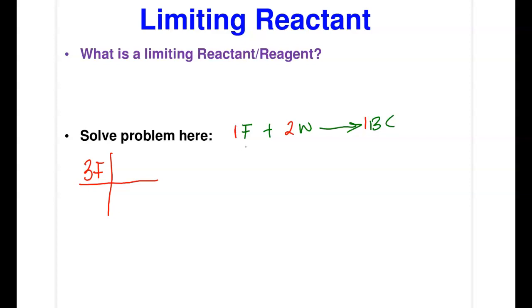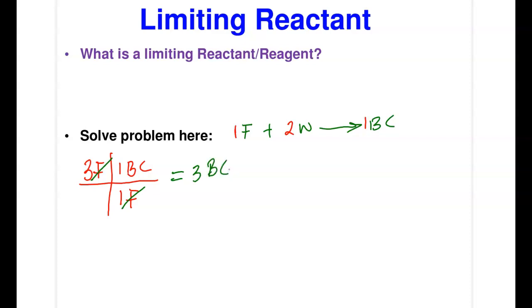I'm going to use the mole ratio between frame and bicycle, and the mole ratio is 1 bicycle is equivalent to 1 frame. Because my frame is on the bottom, I can easily make a cancellation. Frame cancels frame. If I started with 3 frames, I can make up to 3 bicycles.